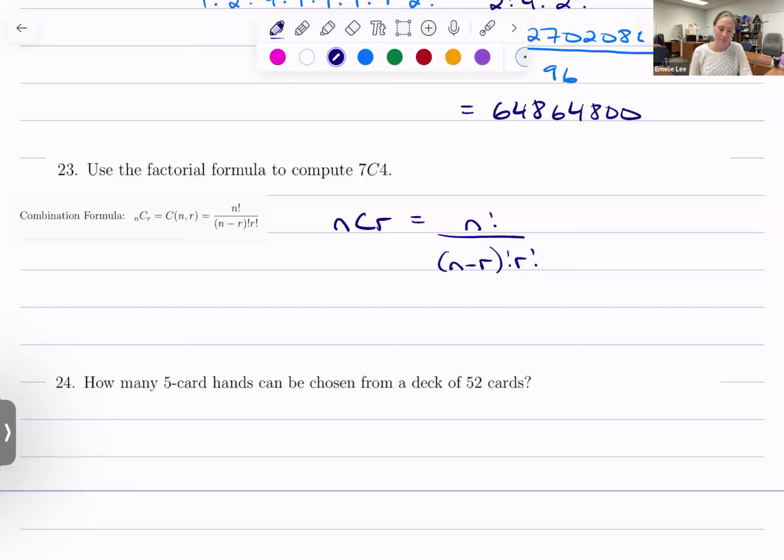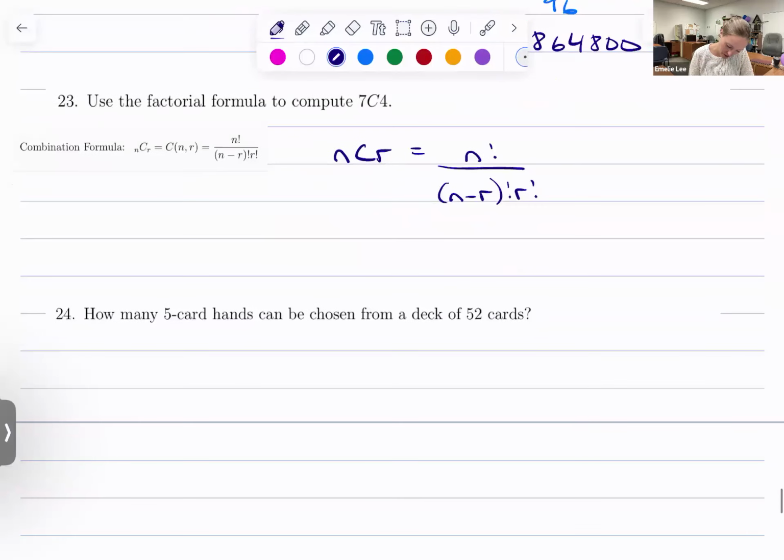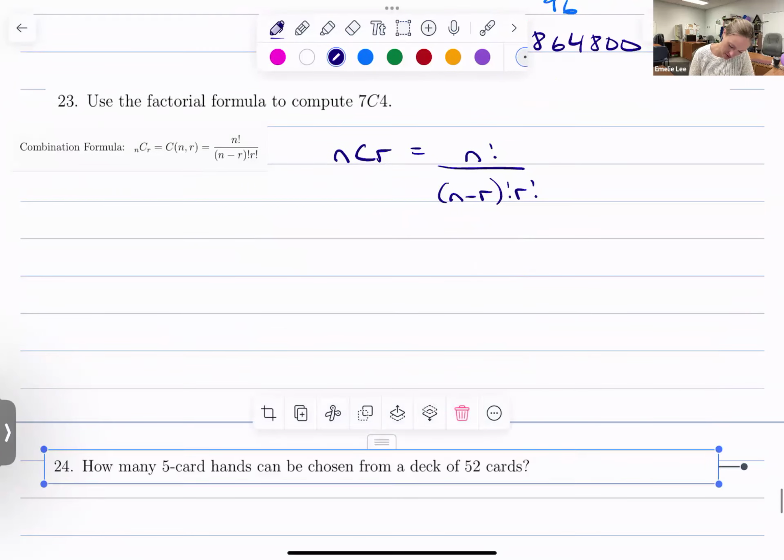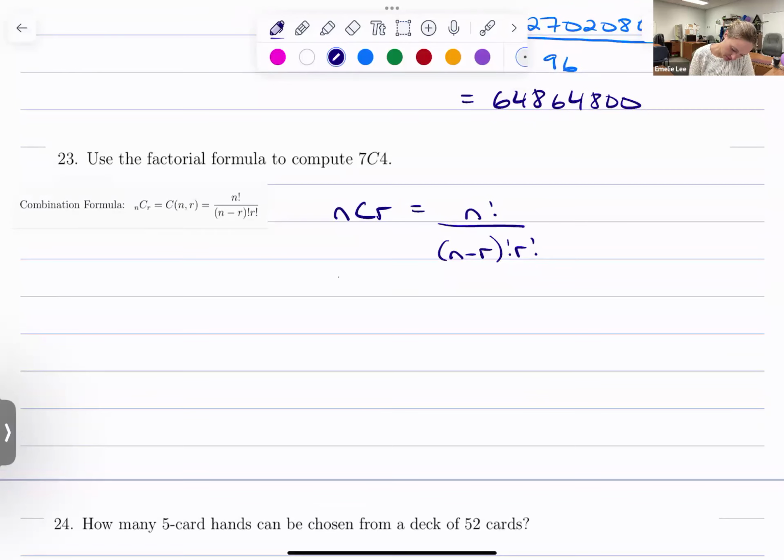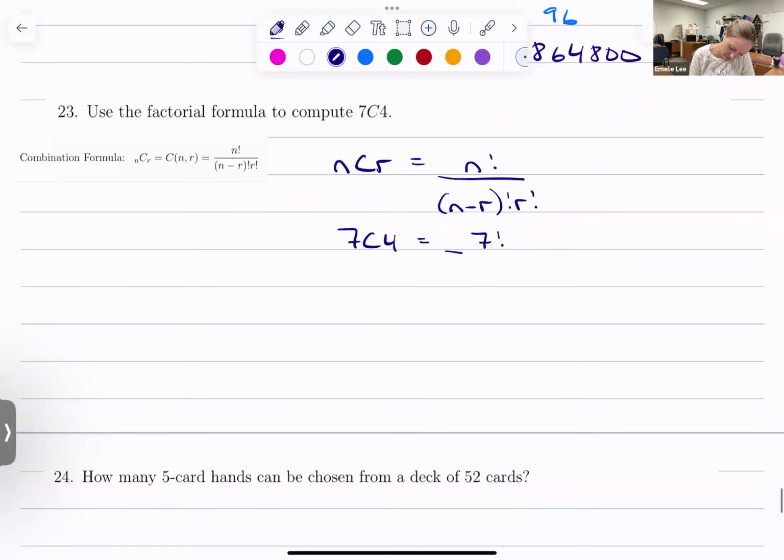That's the formula. And let's see here. So 7 choose 4 specifically is 7 factorial divided by 7 minus 4 factorial times 4 factorial.